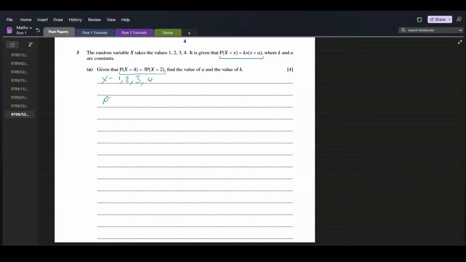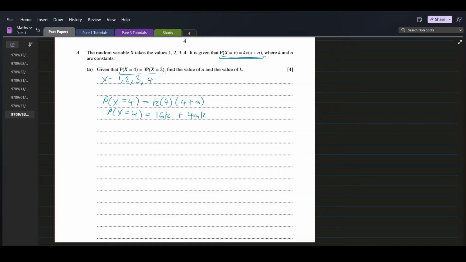Okay, so let's start by evaluating the probability that X is equal to 4 using the formula that they gave us. So that's k times x, which is 4, times 4 plus a. So the probability that X is equal to 4 is equal to, let's expand out the brackets, that will become 16k plus 4ak.